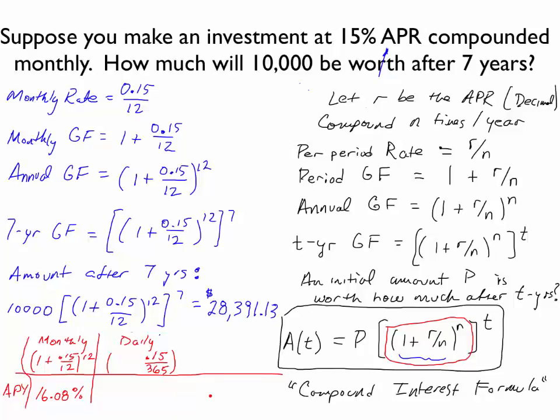That's your daily rate. Okay? And then the daily growth factor from that? Plus 1. 1 plus that. That gives you your daily growth factor.